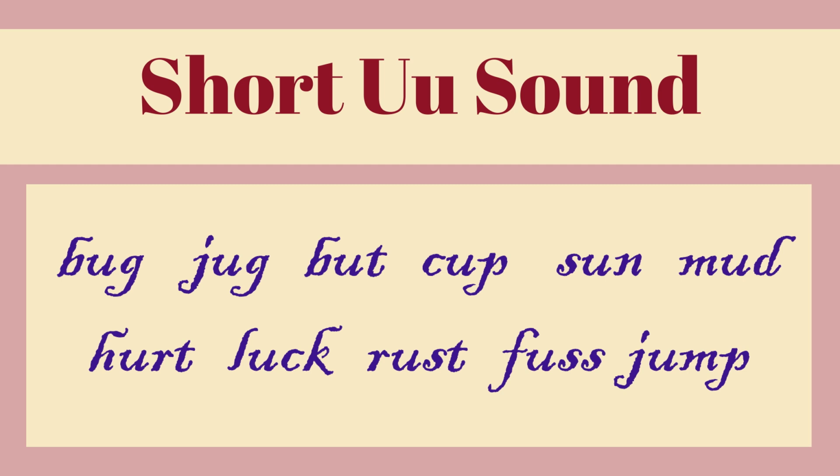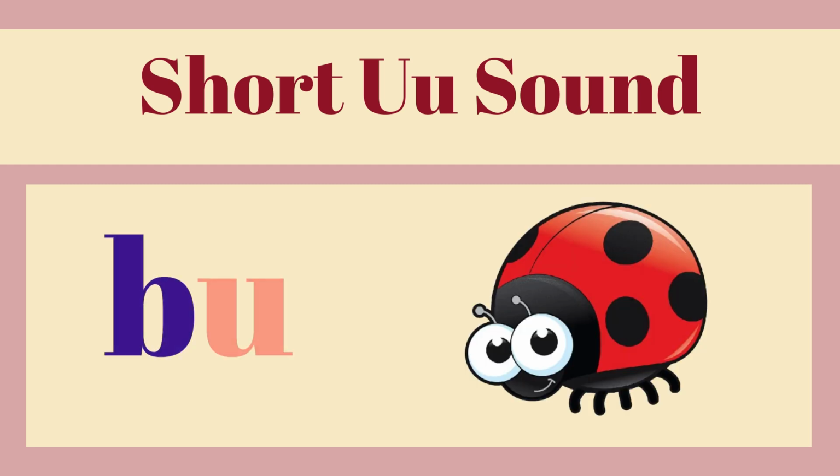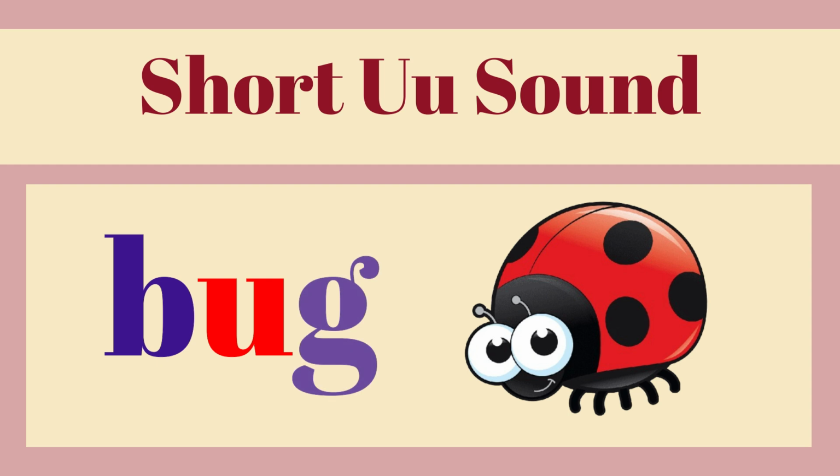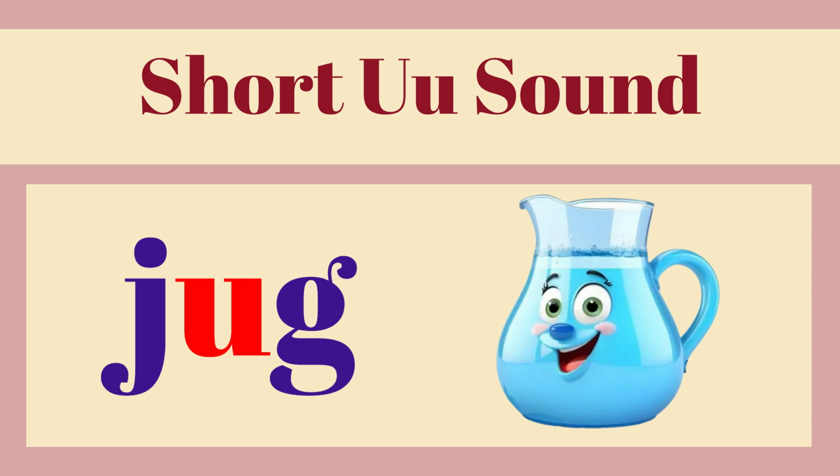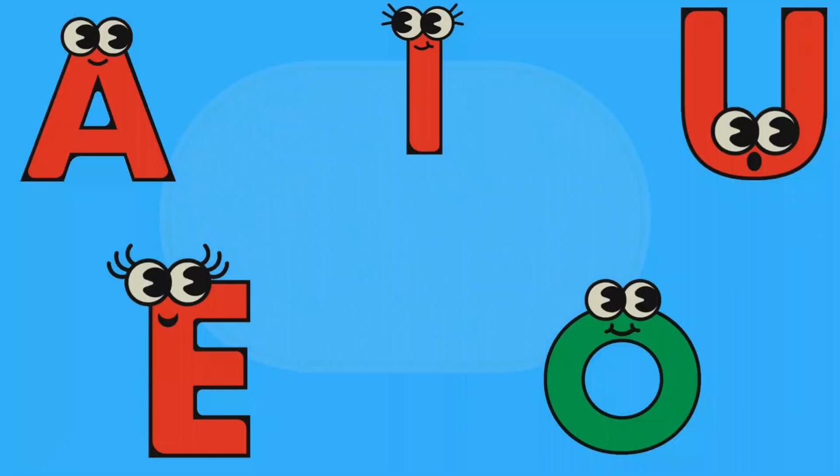Here U makes the uh sound: b, u, g, bug; j, u, g, jug. In all words U makes the uh sound. This is the short sound of U.